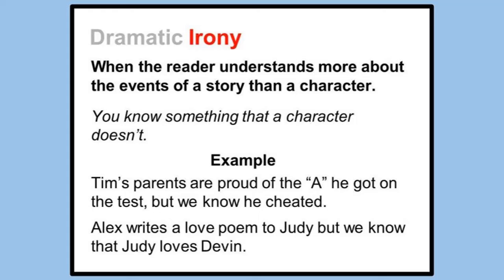Tim's parents are proud of him getting an A. He got an A on the test, and we know, for example, that it's because he cheated. Another example is a friend, in this case let's name him Alex, who writes a love poem to Judy, but we know that Judy loves Devin. So these are everyday examples of dramatic irony.